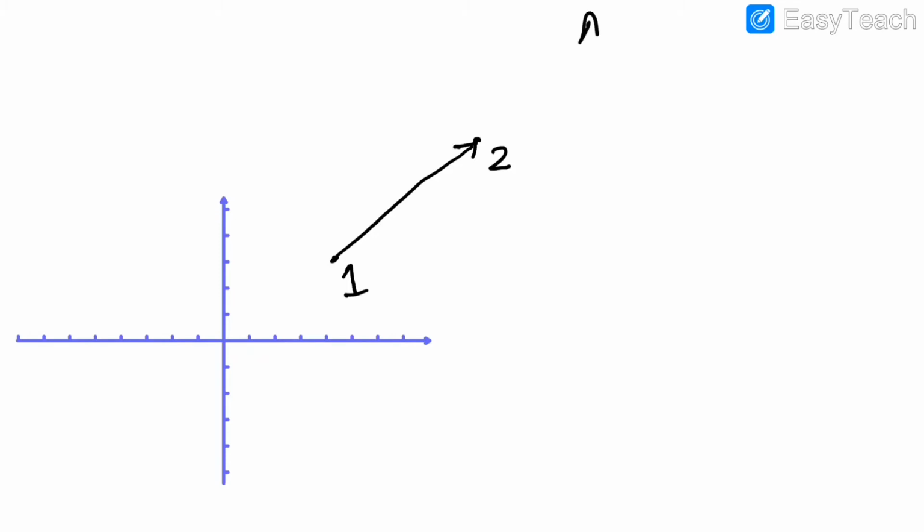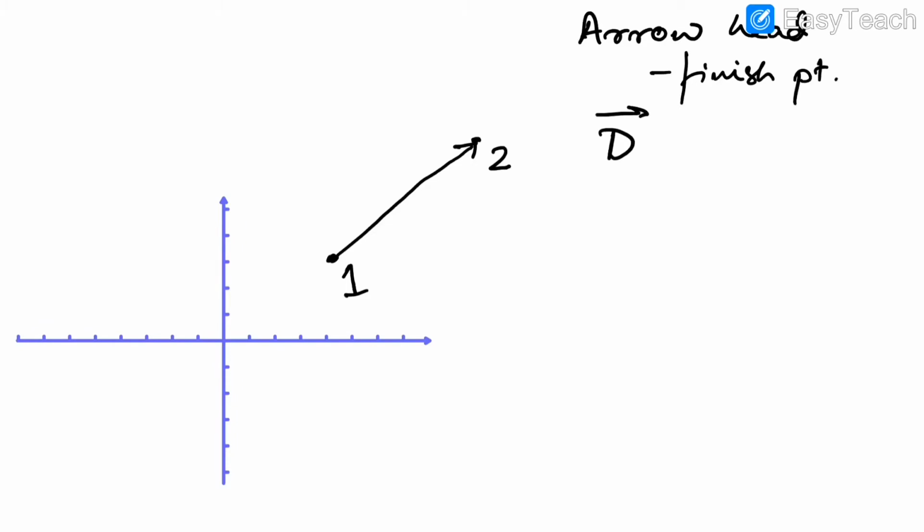The arrowhead should be at the finishing point, right? This whole thing is called the displacement vector. So what is the magnitude of this displacement vector? We have to name it: displacement vector, d with an arrow on top, or simply this. So we call it the displacement vector.